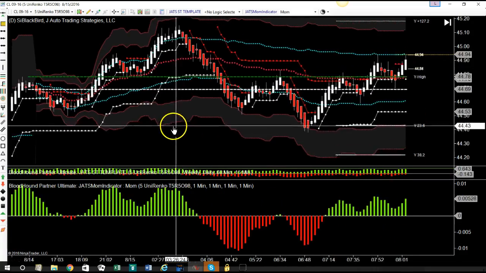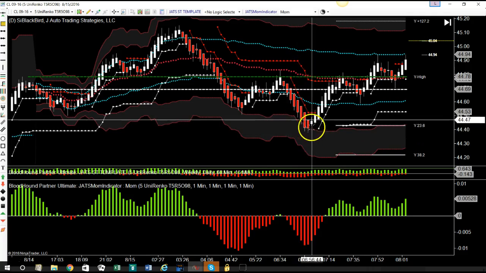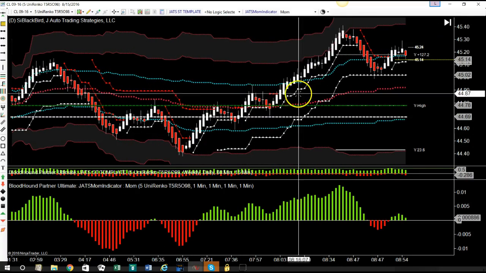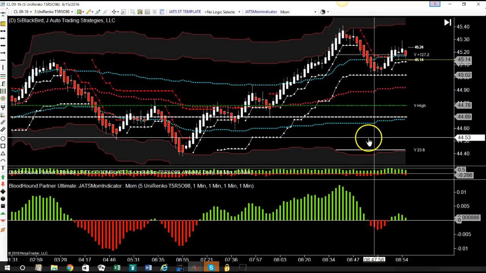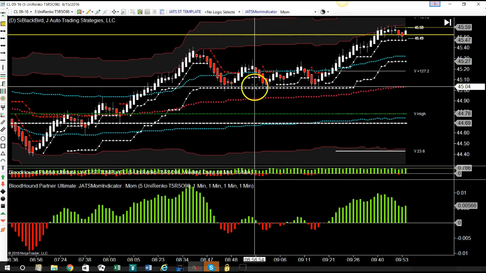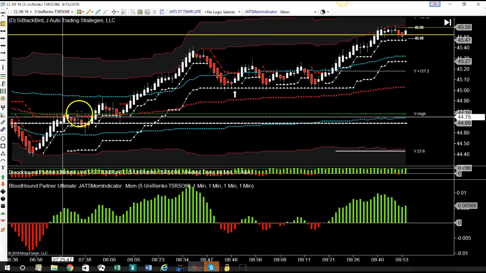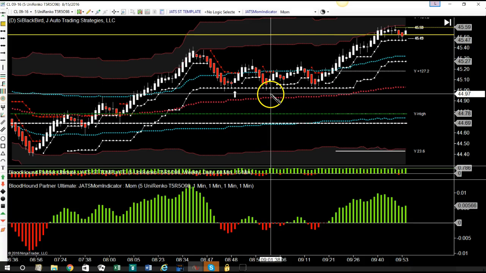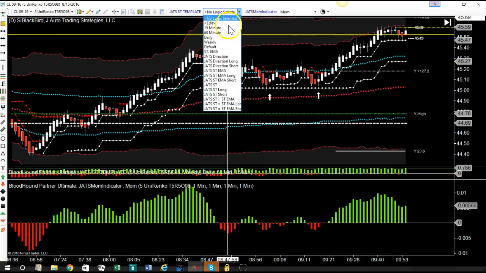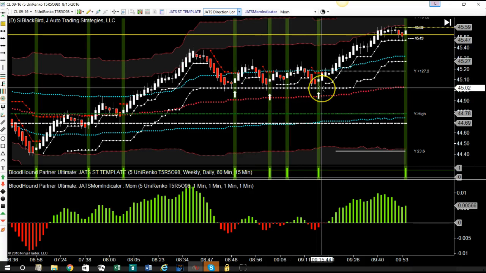What I wanted to show you was we had the original down move before the open, and then it stayed in line with the volatility indicator, the super trend. So here were the entry points at the volatility indicator.